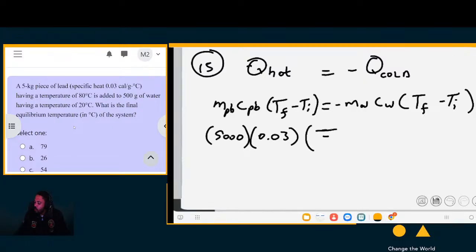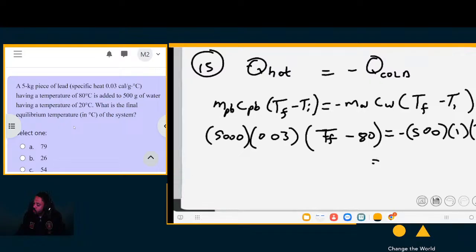Then we have TF minus T initial. What's the initial temperature of the lead? It is 80 degrees Celsius. And that is equal to the negative of the mass of water. In this case, it's 500 grams of water. The specific heat of water in calories per gram is just 1, multiplied by the change in temperature, which is T final minus T initial. The initial temperature of the water is 20 degrees Celsius. So there we have the problem all set up.